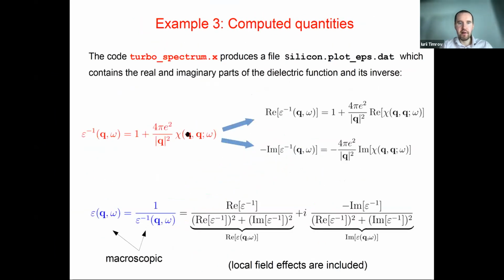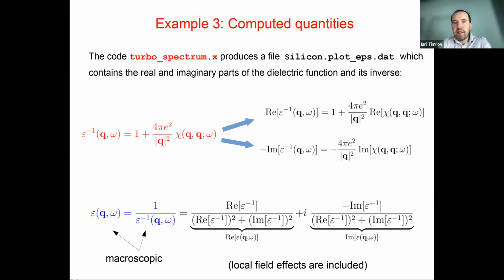So as I said, turbo Lanczos computes chi, and then in the post-processing step, we just apply this formula: 1 plus 4πe squared divided by the modulus of q times chi. So plot chi contains information about chi, and plot eps contains information about the real and imaginary parts of epsilon minus 1.